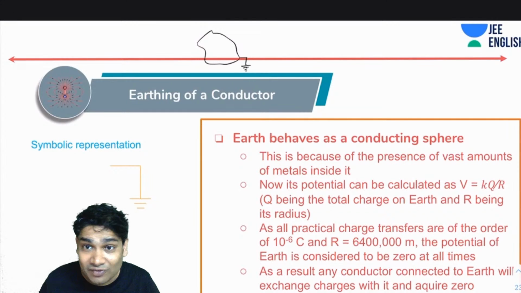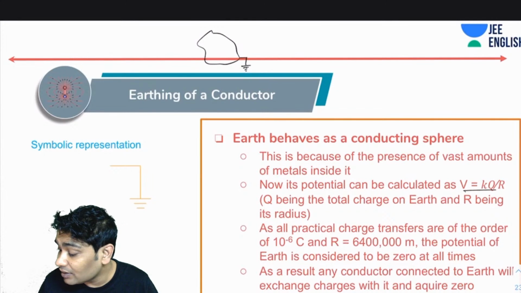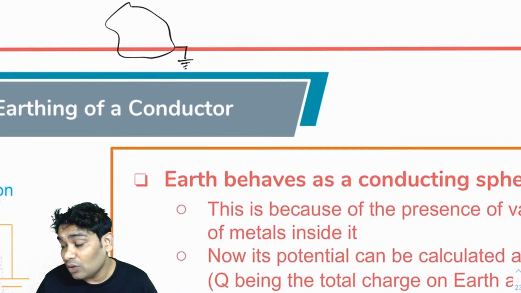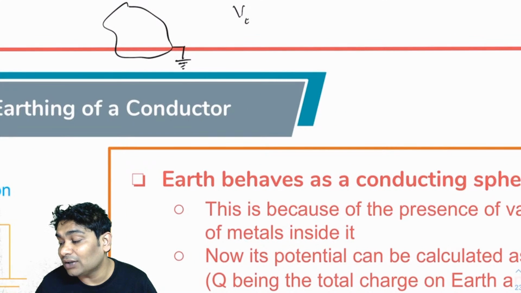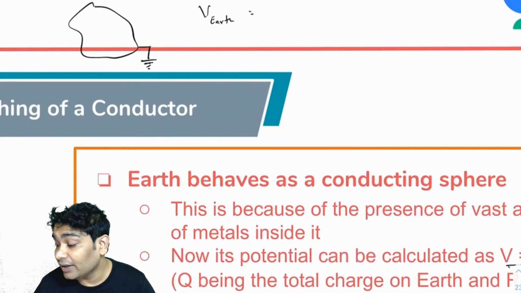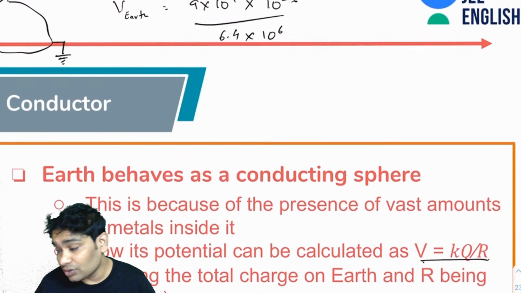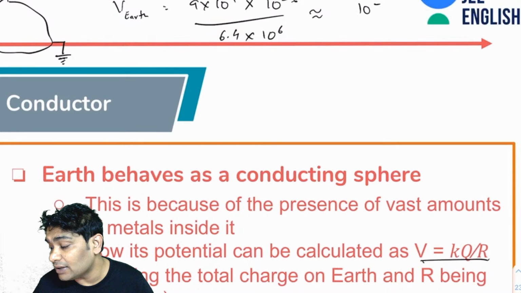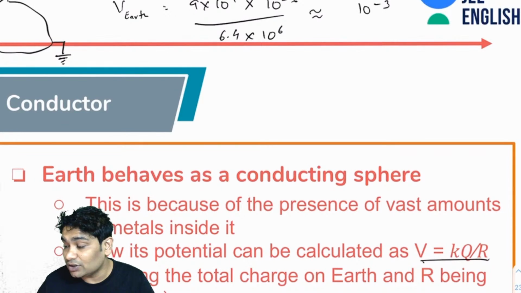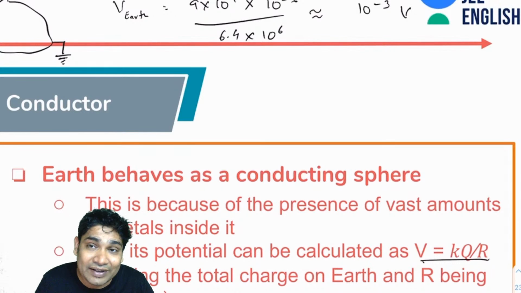Now when you substitute values in this equation, see what you get. V for Earth is K, which is 9 into 10 to the power 9, Q roughly 10 to the power -6, over roughly 6.4 into 10 to the power 6. So you realize this would come out to be roughly of the order of 10 to the power -3 volts. So this already comes out to be very, very less.